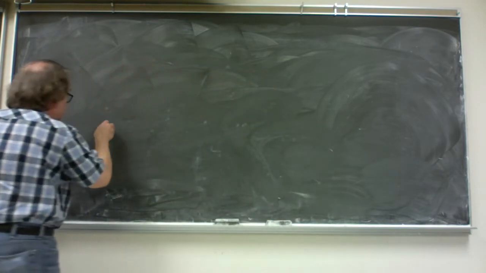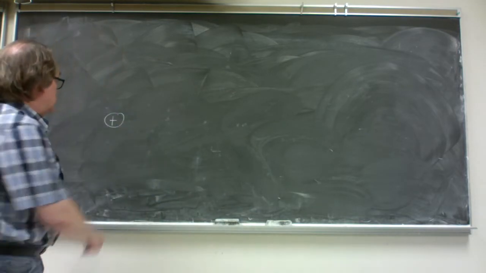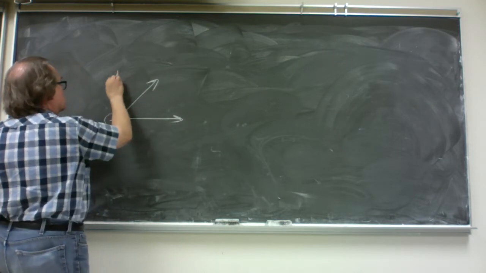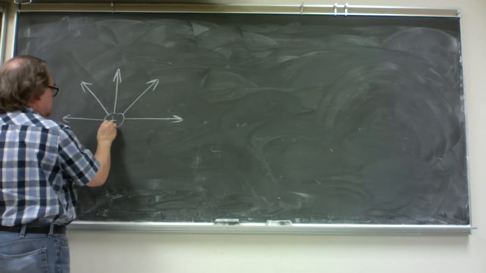Field lines for the field caused by one lump of positive charge are just all lines that radiate straight out from the source.